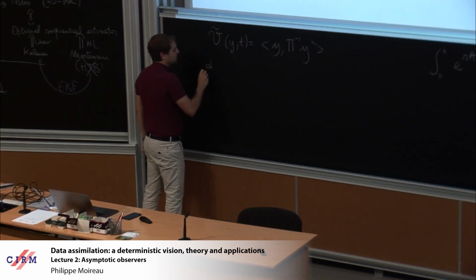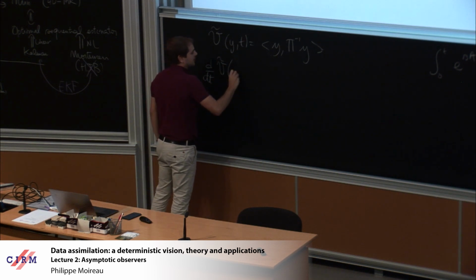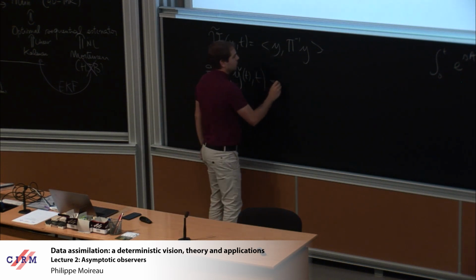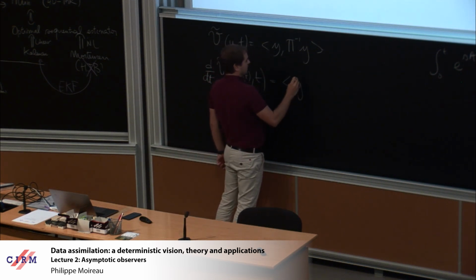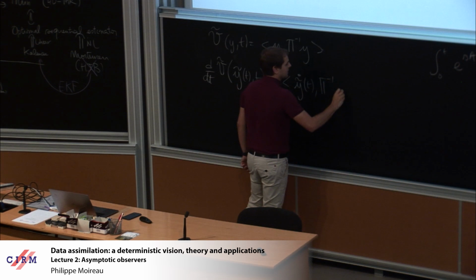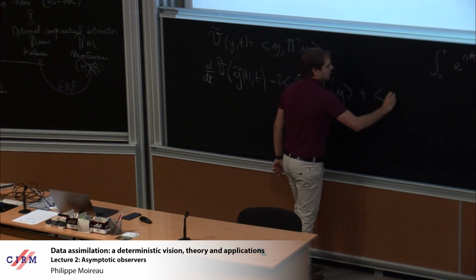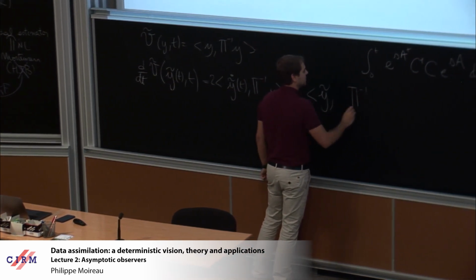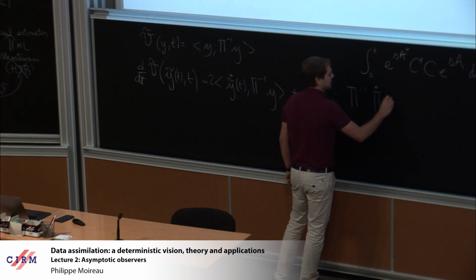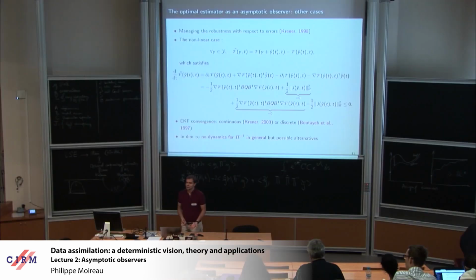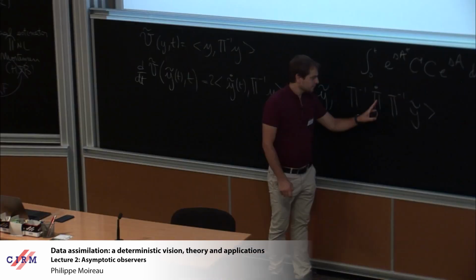Okay, and then you will compute d over dt of it. Because it's symmetric, and then you have to derive P minus 1, and there is no difficulty because it will be something like that. But that is okay when you can give a sense to the dynamic of Pi minus 1.